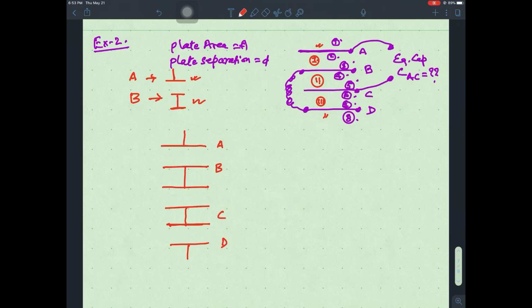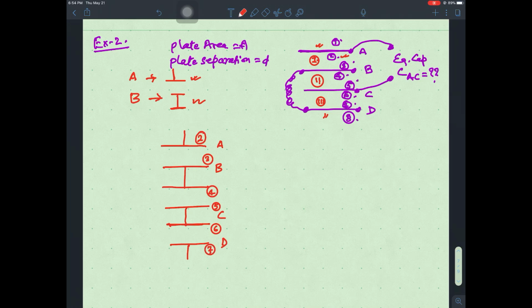So this is your second surface, this is your third surface, then this is your fourth surface, and this is your fifth surface, and this is your sixth surface, and this is your seventh surface.